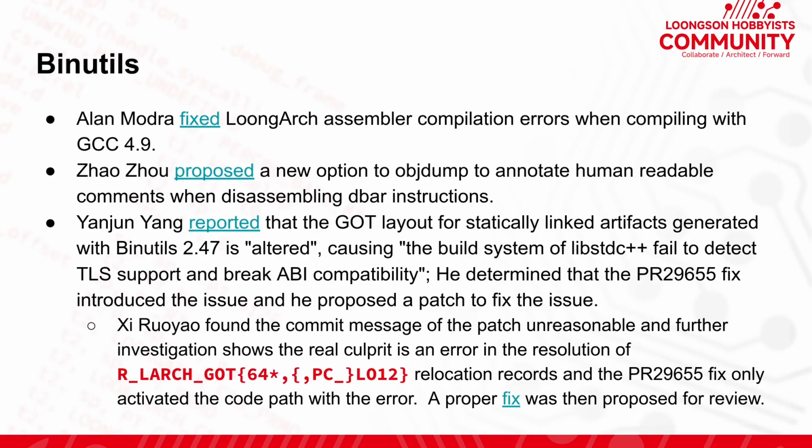The real issue is the R_LARCH_GOT_PC_LO12 relocations, and some of them are resolved incorrectly when the symbol is a GNU indirect function. The PR 29655 fix only activated the incorrect code path. A proper fix has been submitted and is awaiting review.